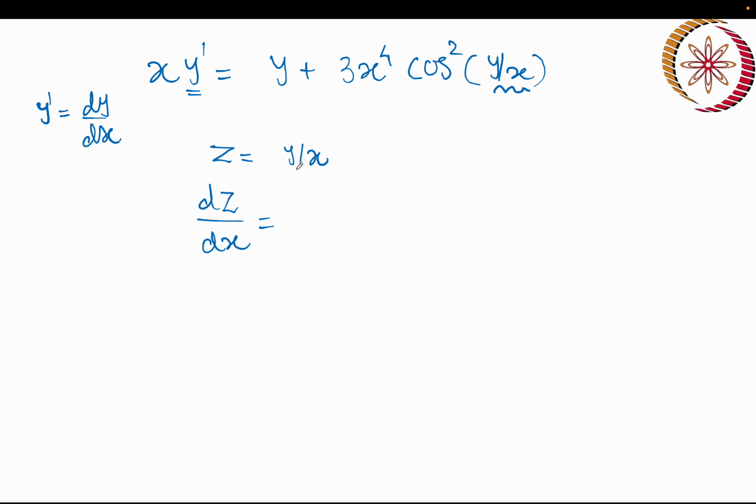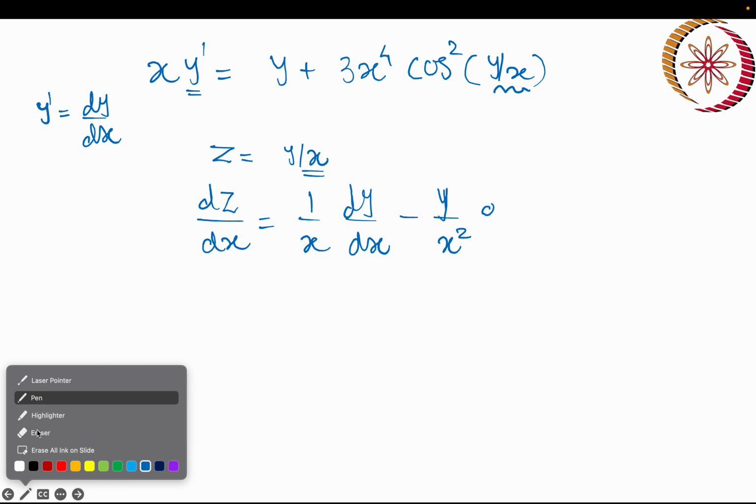If you differentiate, it will be 1 upon x dy by dx, and then we differentiate 1 upon x, which will be minus 1 upon x square, keeping y as it is.